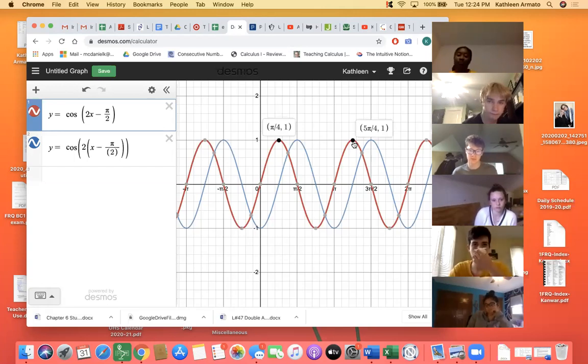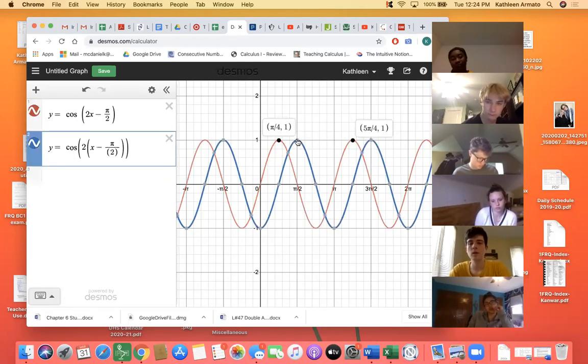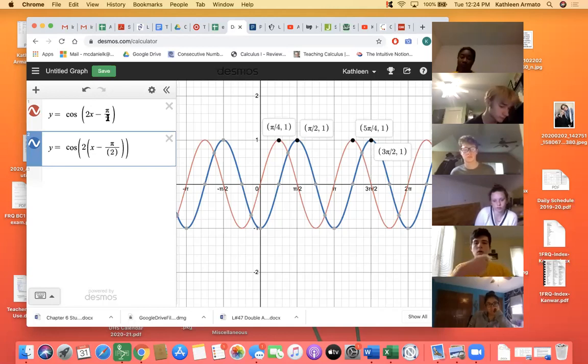Kelsey, did we get the period right? Yes. And it looks like this has the same period as well, the blue. Okay, but instead of starting at pi over 4, it's starting at pi over 2. So this equation, at 2x minus pi over 2, this didn't actually tell me the shift. Here, when I had the x minus pi over 2 in parentheses, that did tell me the shift.